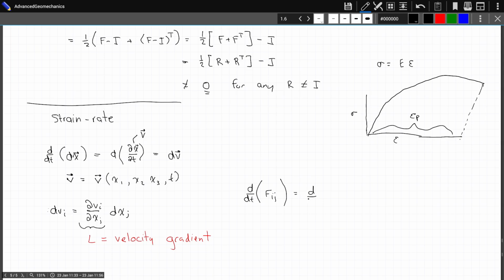So this is d/dt. Remember, we had that equation earlier, and I pointed it out at the beginning of class, that the deformation gradient can also be written as partial little x_i, partial big X_j.